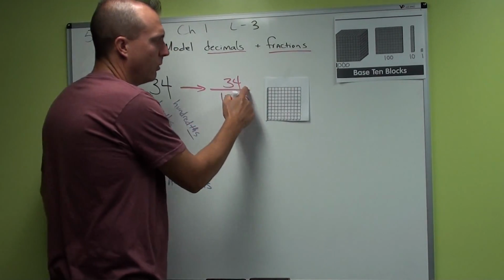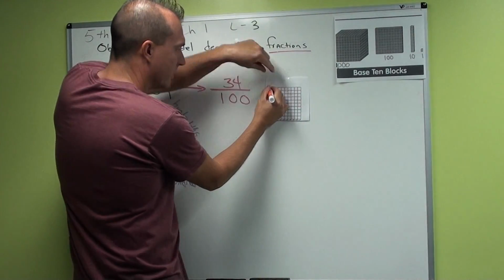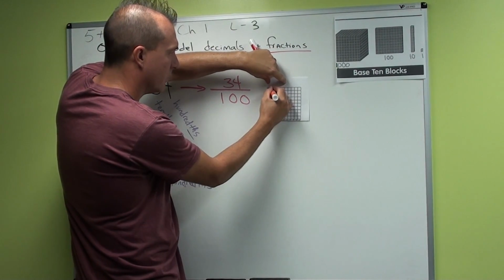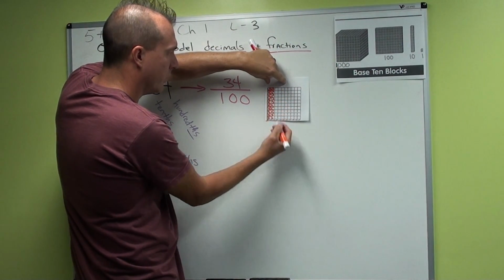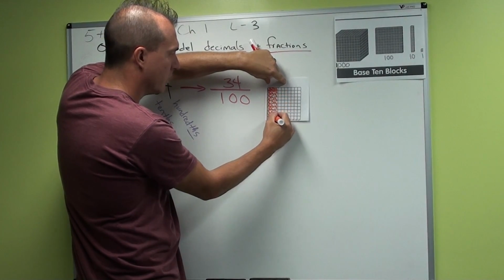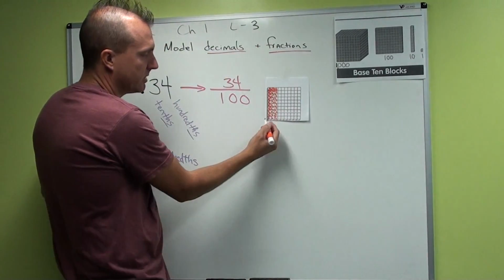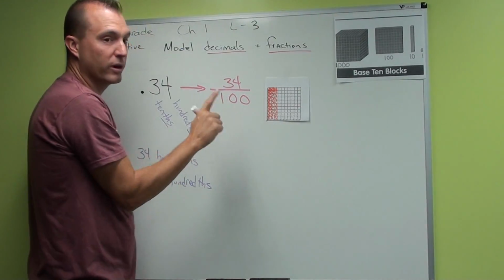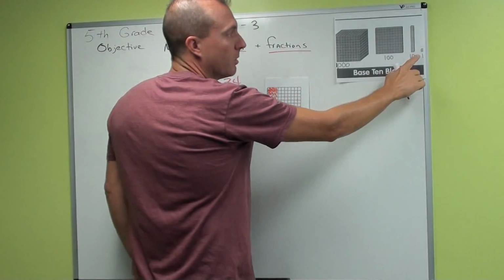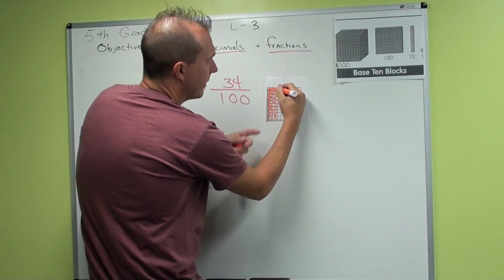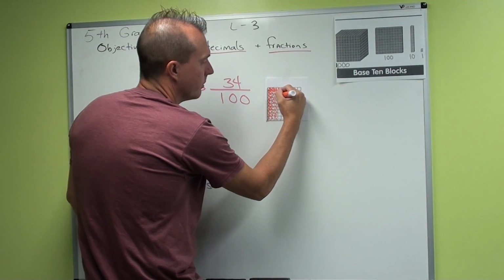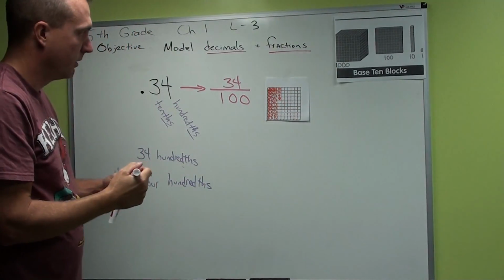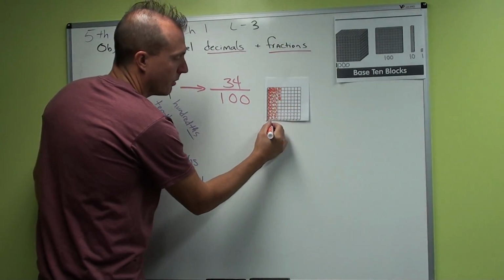So 34. This is 10, 20, 30. So that's 10, 20, 30. So now I got 30, but I need 4 more. They're the single ones, the ones that are real tiny. All right, so then you got to be careful here. 1, 2, 3, 4. 34. So this will be 3.